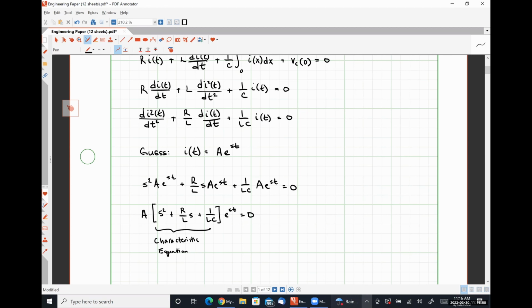But we can figure out what specific values of s will make this expression 0 by looking at this characteristic equation, right? So it's a simple second order or quadratic polynomial. So I would argue that we can use good old 8th grade math in order to figure out what the solutions are, okay?